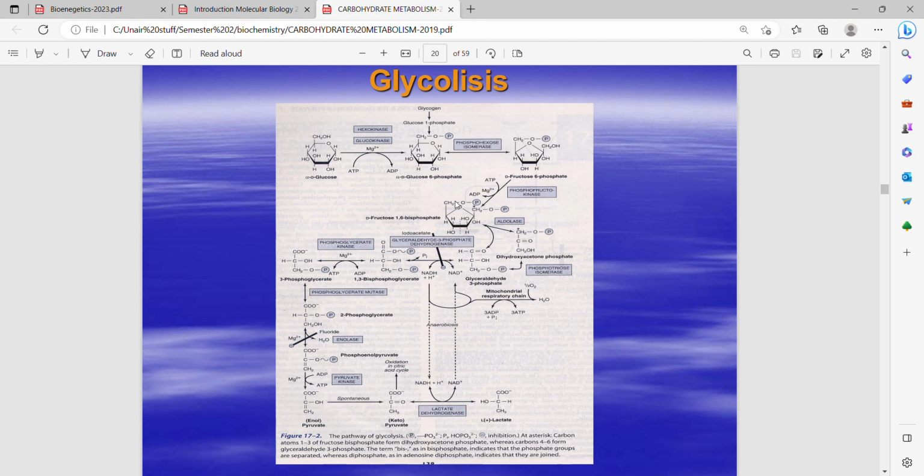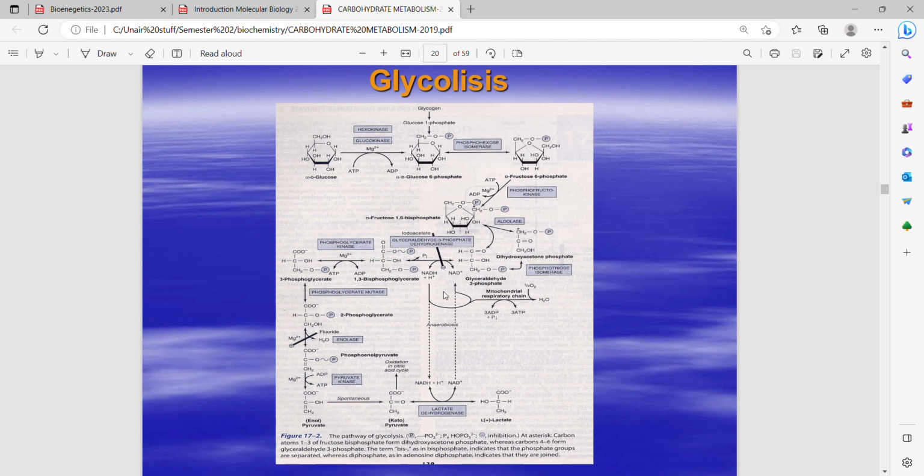Okay, after having 2 phosphate groups, it is converted into this aldolase product and this. Okay, so this is important here. The glyceraldehyde 3-phosphate has 1 phosphate group.